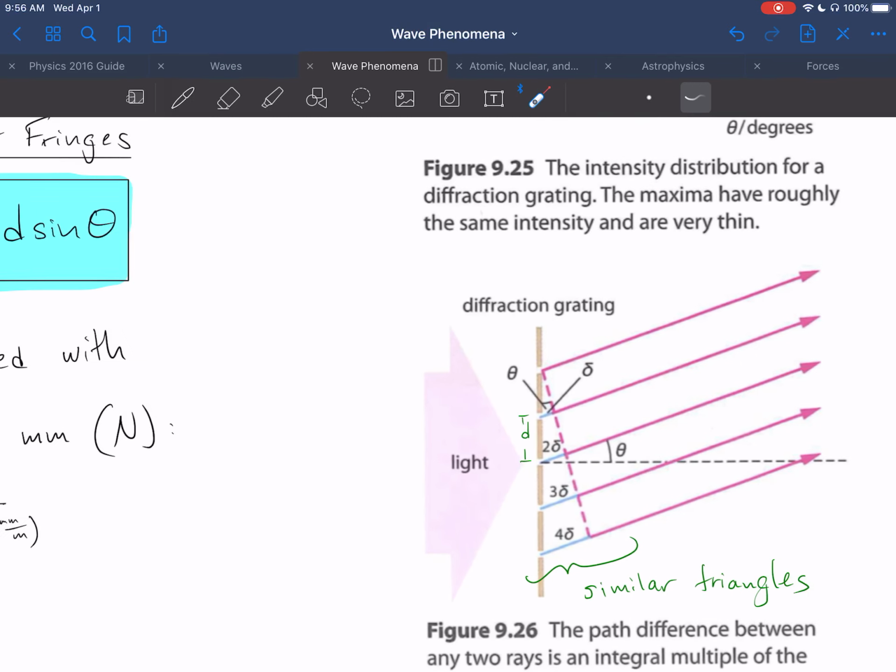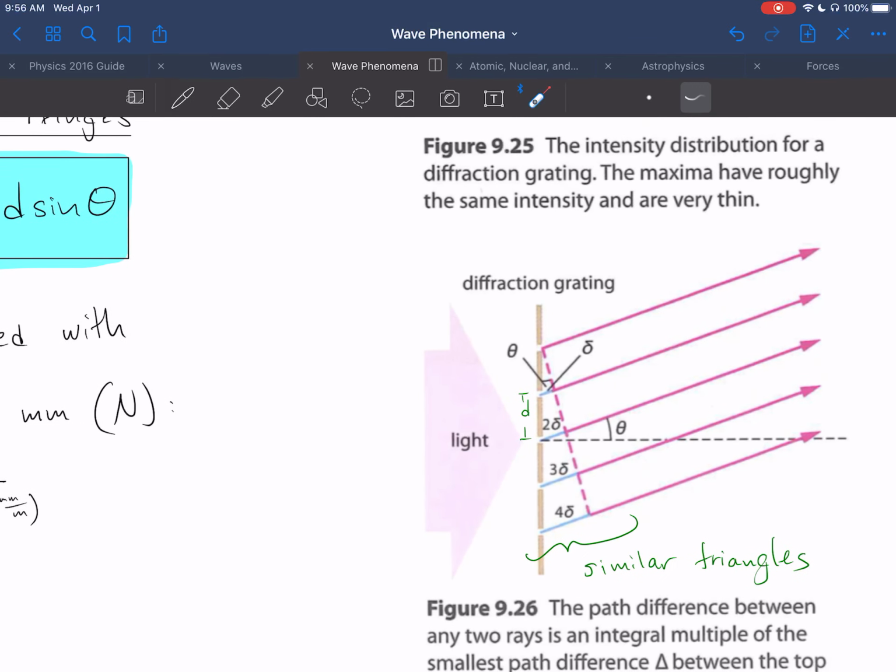And we can do so by considering the light coming from each particular slit as coming from a single point source. As in the double slit case, you can imagine light coming from these top 2 slits as being in the double slit case. We can define the path difference here and its relationship to that distance d. And that's indicated with a small delta here.